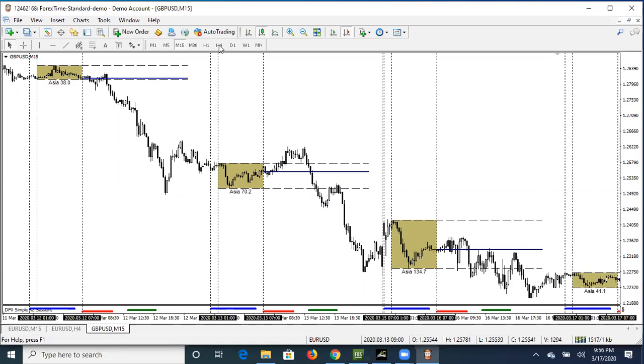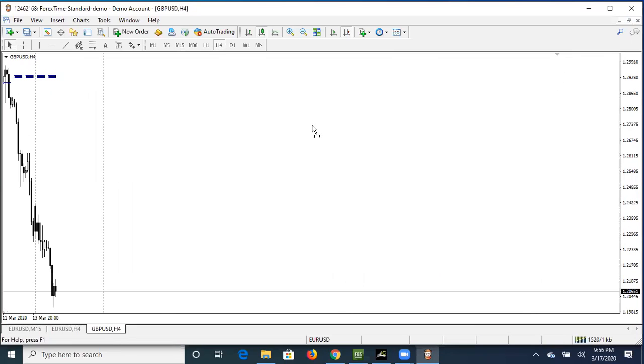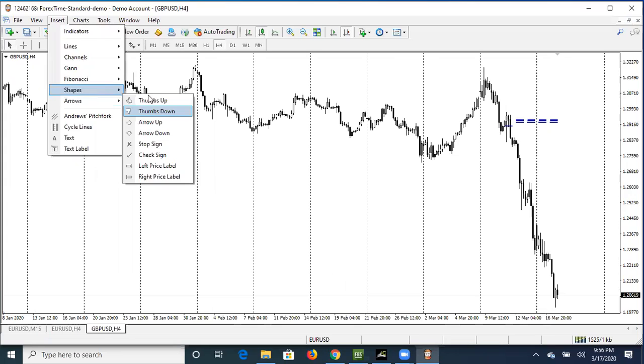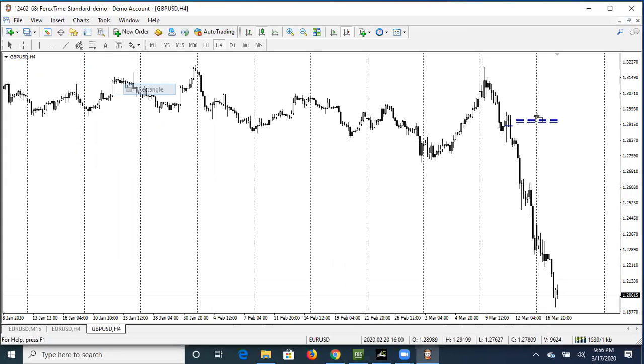Let's see what the 4 hours looks like. So when price broke beneath our breaker right here, we would have been looking for sell opportunities and will remain in this sell until we get another breaker in the opposite direction. Our bias will still be a sell.